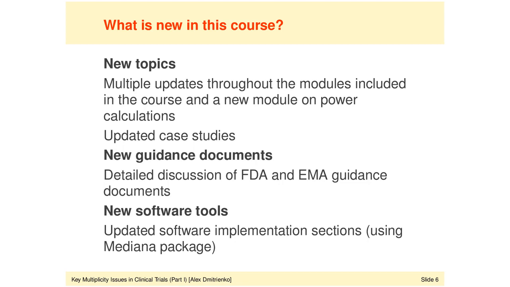I have updated the case studies. Most of the case studies in the revised course are based on real phase 3 trials in multiple therapeutic areas. That includes oncology, diabetes, other therapeutic areas. And the updated case studies provide examples of all common types of multiplicity problems that we encounter in clinical trials.